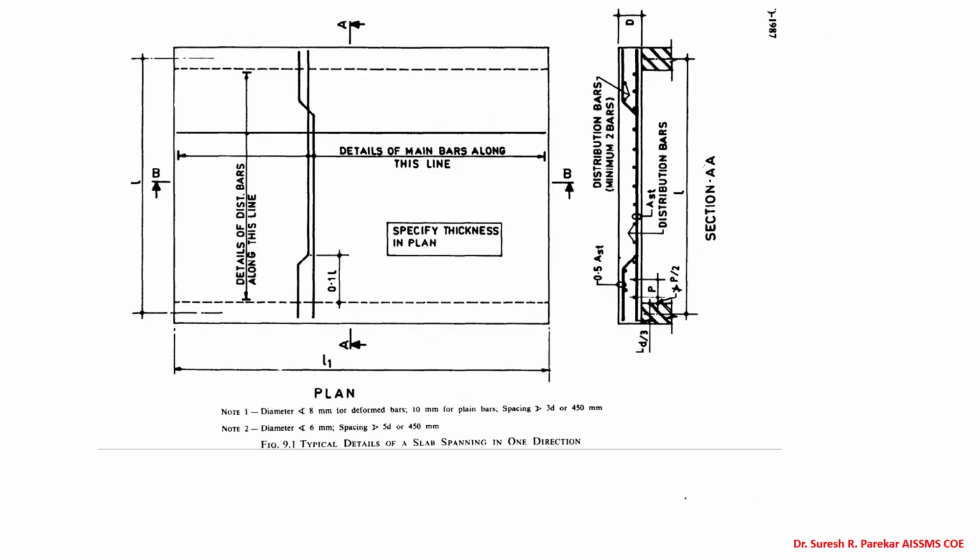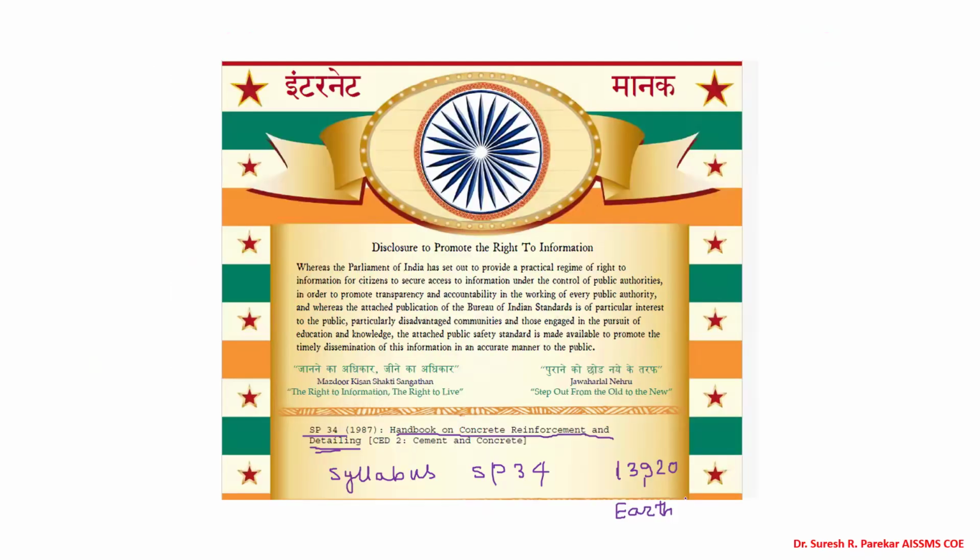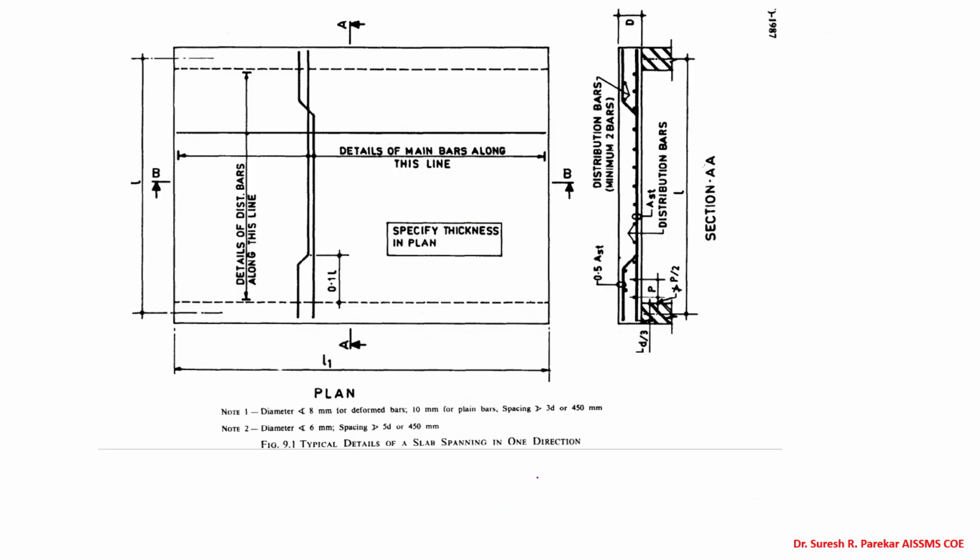Now you can see this, we have first. So I just got it. Yes, 13920. This is correct. This is for earthquake, considering earthquake, and so we have not used this one. But whatever detailing we have done, that is by using SP34 only. So now I am going with that one.